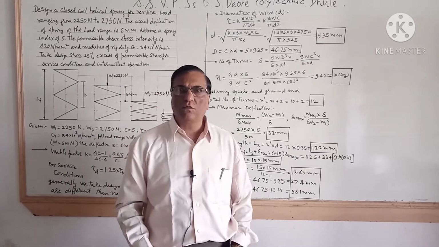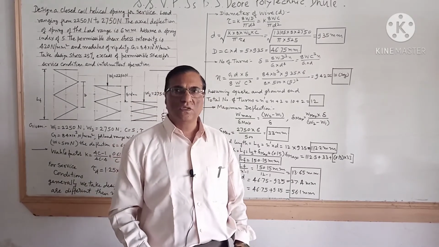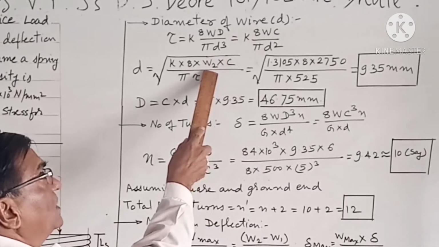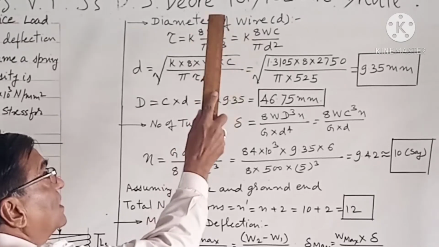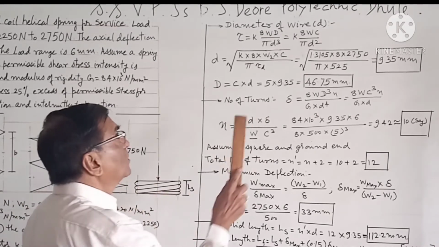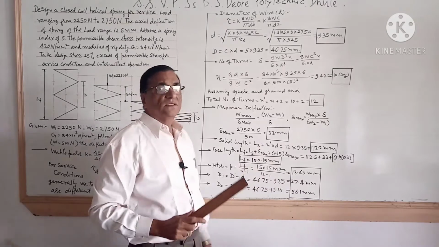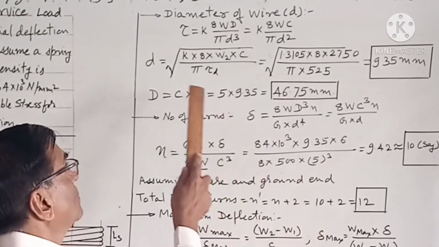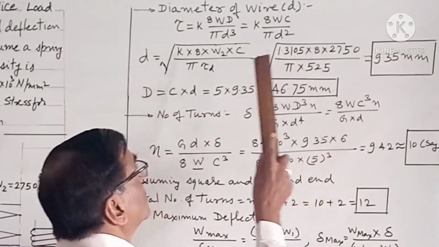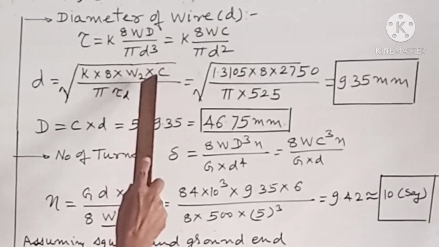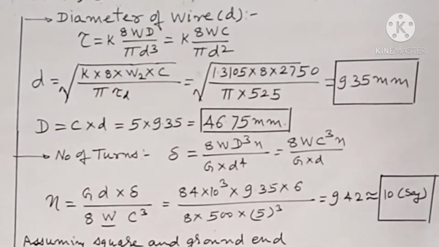While determining the diameter of wire, students are generally confused whether the value of W2 or W1 is to be taken here, because W is written here and two values of loads are given. So which is to be taken? Generally wire is designed for maximum load, so we will take the maximum value of load to determine the diameter of wire. Care should be taken while taking the value of W.